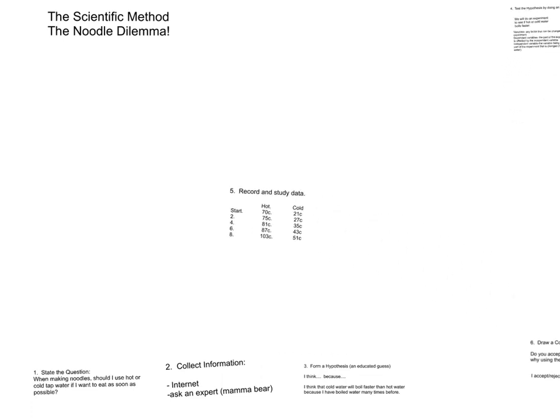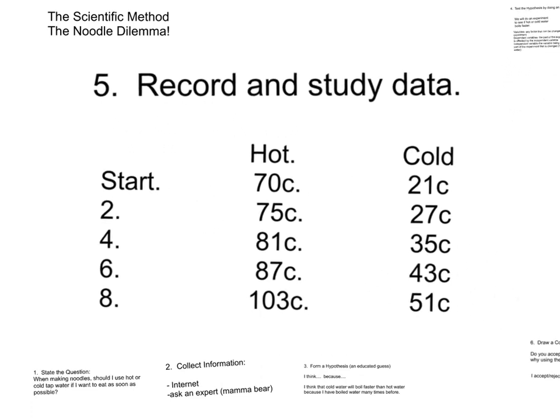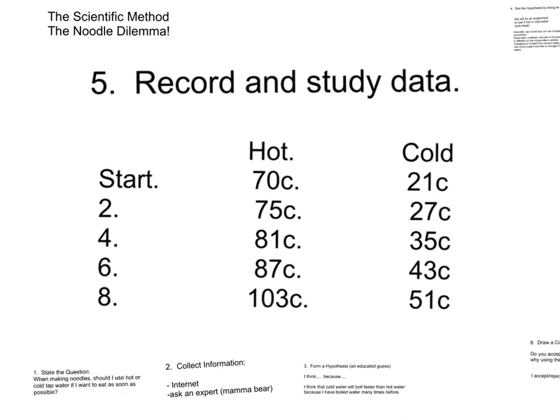All right, and now the fifth step, we took data down as the water was sitting on the hot plate, and this is actually close to being the same data from periods 2 and 3. This was the starting temperature of the hot and the cold, and this is how it changed.